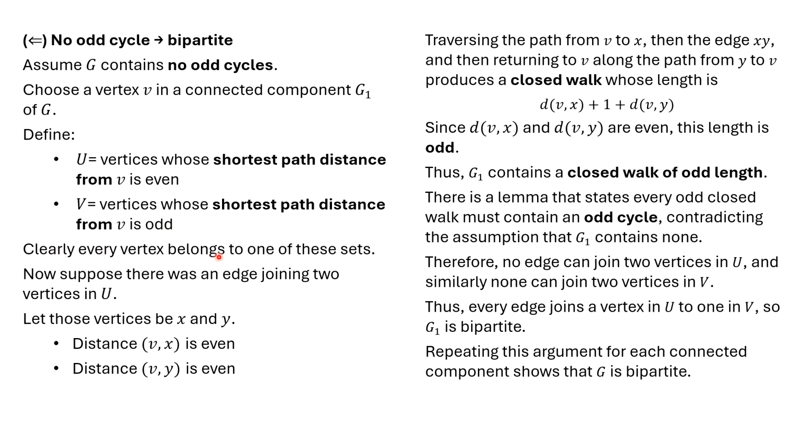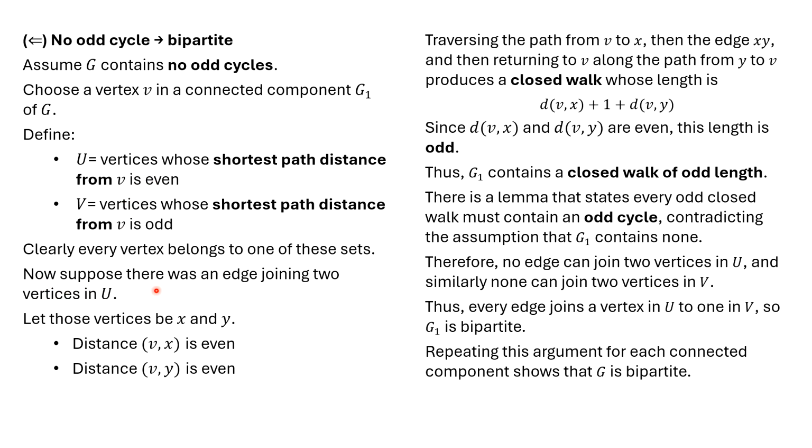Clearly, every vertex belongs to one set or the other, but not both. So we've divided our graph G1 into two sets of vertices. And for it to be bipartite, we need to show that there aren't any edges between the vertices in U, and there aren't any edges between the vertices in V. And we can just show it for either U or V because it's symmetric, and we'll do that in a second.